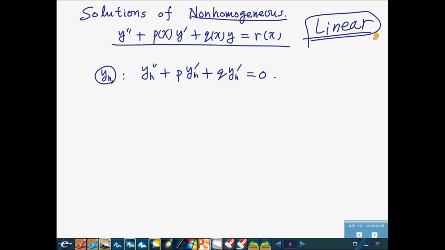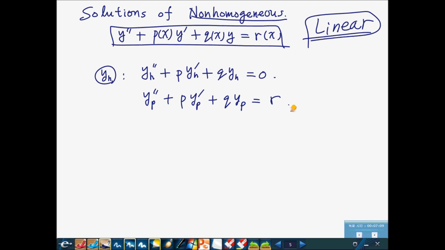Okay, so you can decompose this into that: y double prime plus p y prime plus q y is r. You can always decompose this into this.